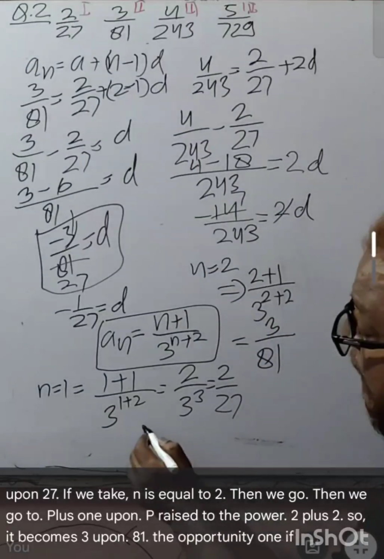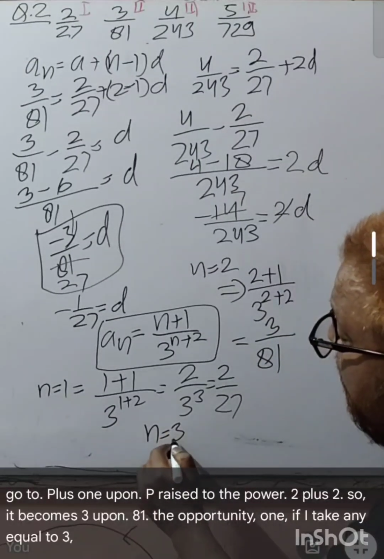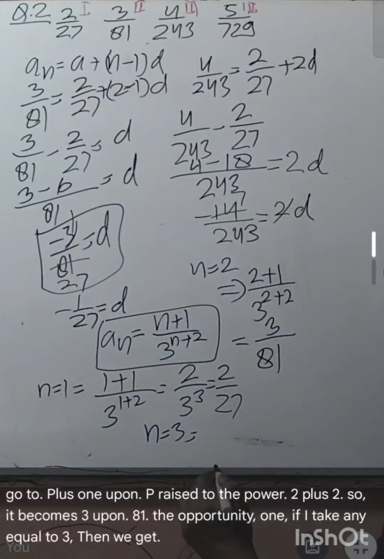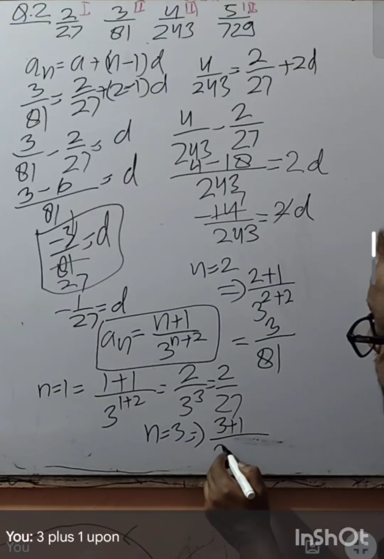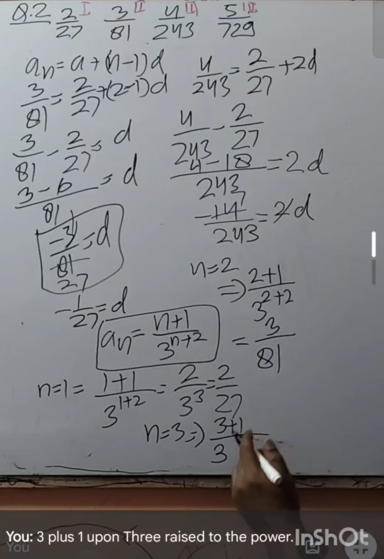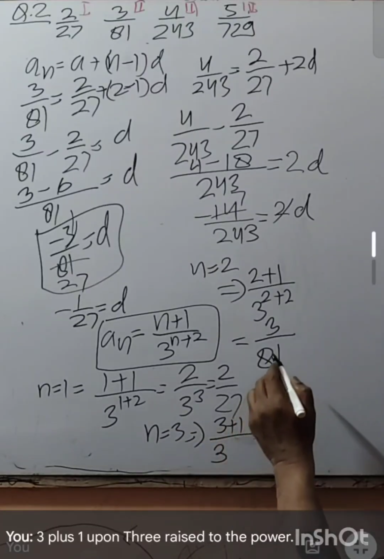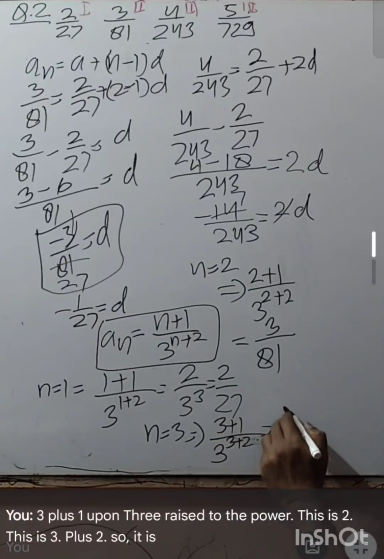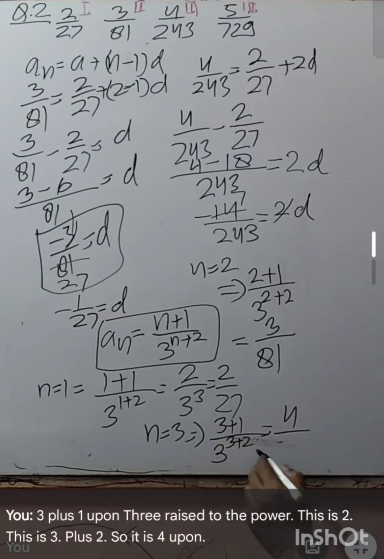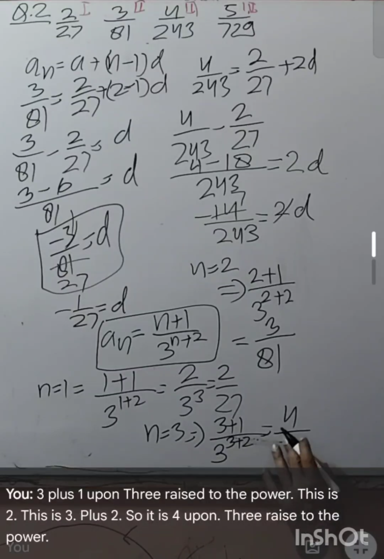If I take n is equal to 3, then we get 3 plus 1 upon 3 raised to the power 3 plus 2. So it is 4 upon 3 raised to the power 5.